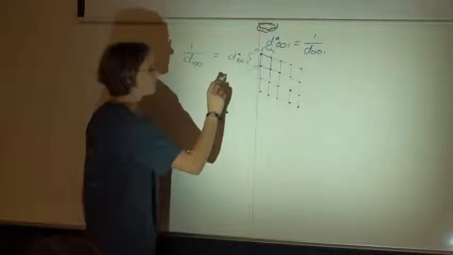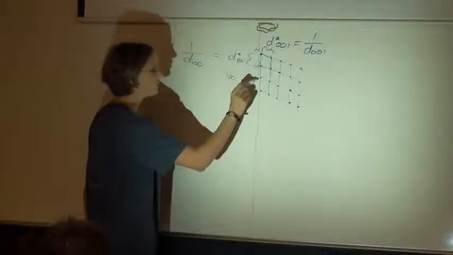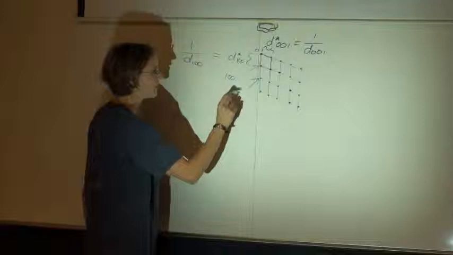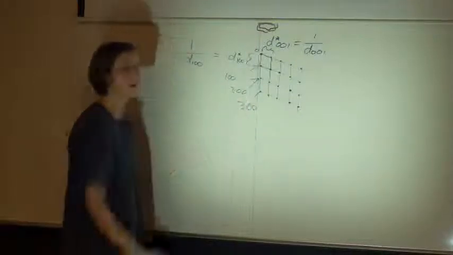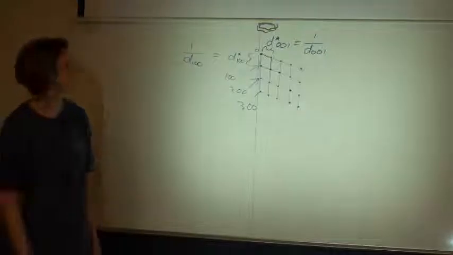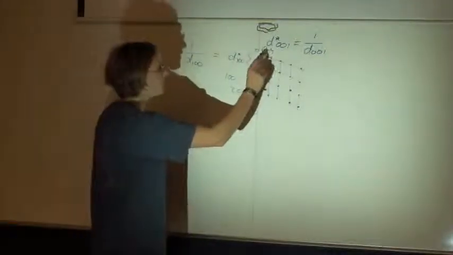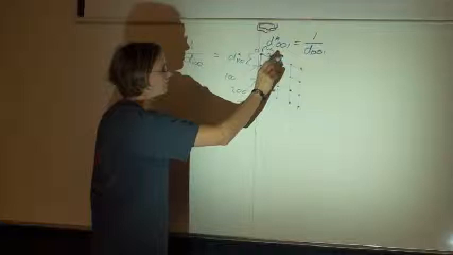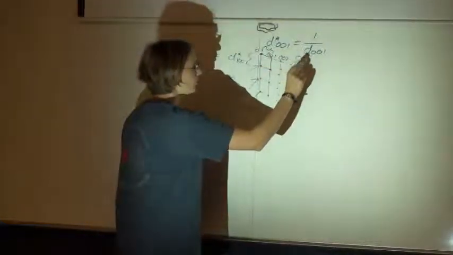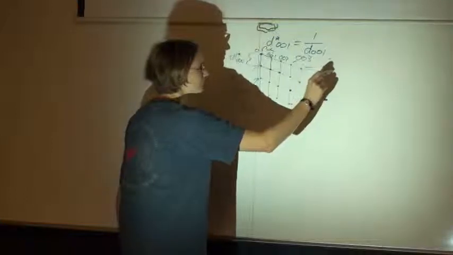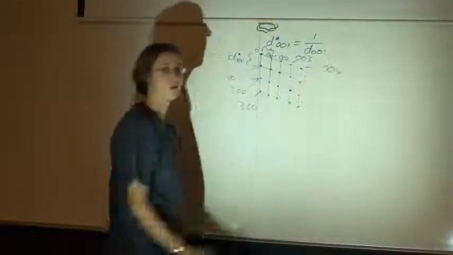That one over there, we call 100. That one there, we call 200. This one, we call 300. Over here, we have 001, 002, 003, 004.